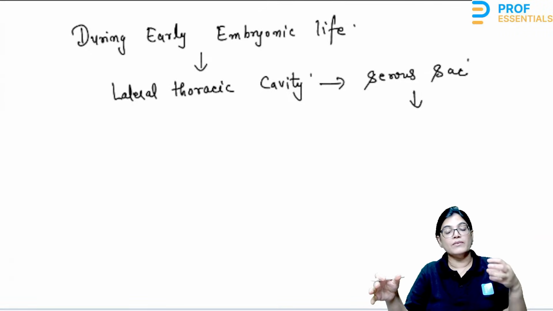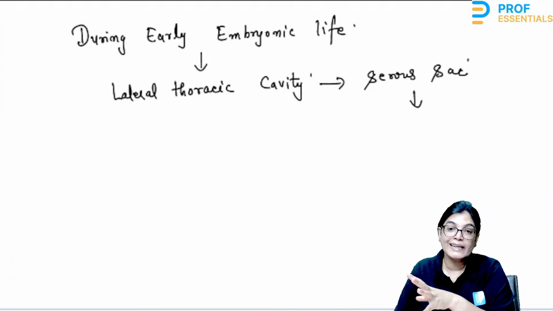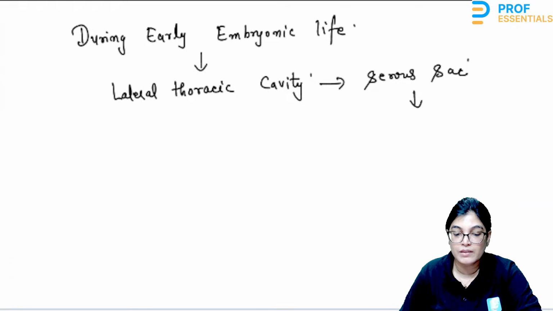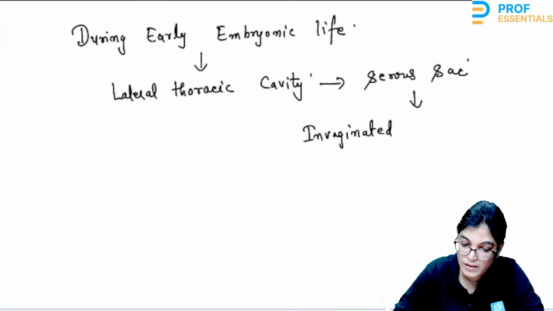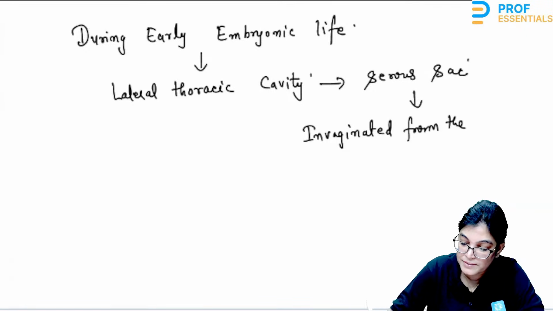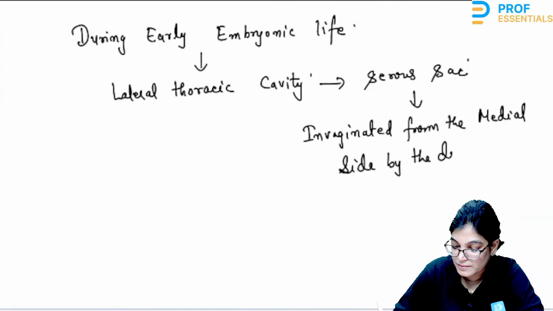The lung bud develops. The developing lung bud will invaginate the serous sac from the medial aspect. So this serous sac is invaginated from the medial side by the developing lung.